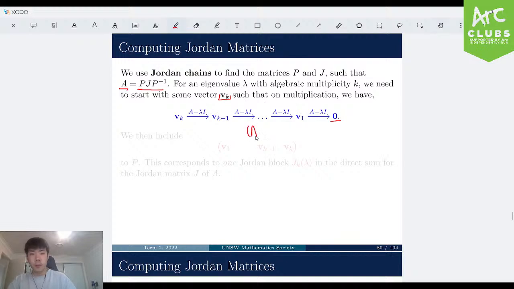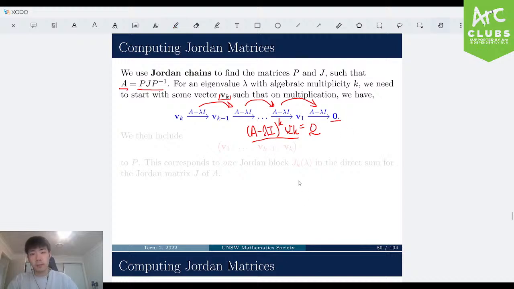Because recall, if vk is a generalized eigenvector with multiplicity k, we have that A minus lambda I to the power of k times vk should give us the zero vector back. And so we're essentially just breaking down this entire expression into a chain process where we apply A minus lambda I, k times.